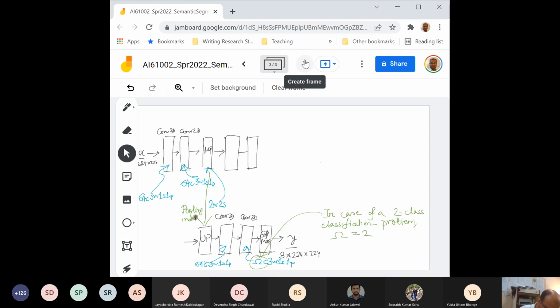Now, can somebody tell me exactly what is the size of the tensor present over here after this max pooling? That's 64 by 224 by 224.